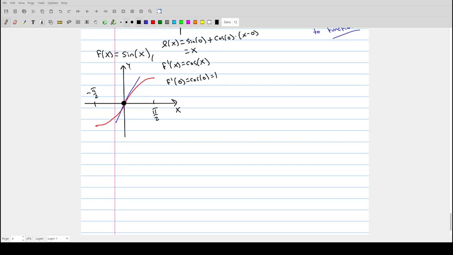And this is what allows us to say that for very small values of x, when x is much less than 1, sine of x is approximately equal to x. This is where this approximation comes from, and it is used very often in physics.